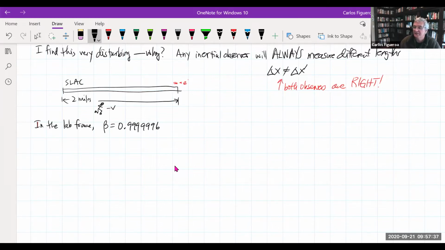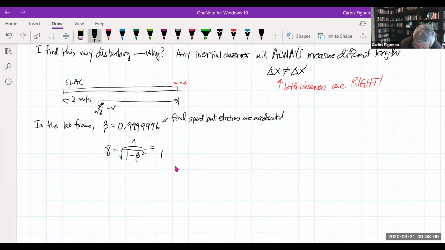Now note that this is a little bit of a white lie. This is the final speed, but electrons are accelerated. So if you could get the electrons to actually move this fast the whole way through, then this is what you get. You'd find that gamma, which is 1 over the square root of 1 minus beta squared, would then be this.